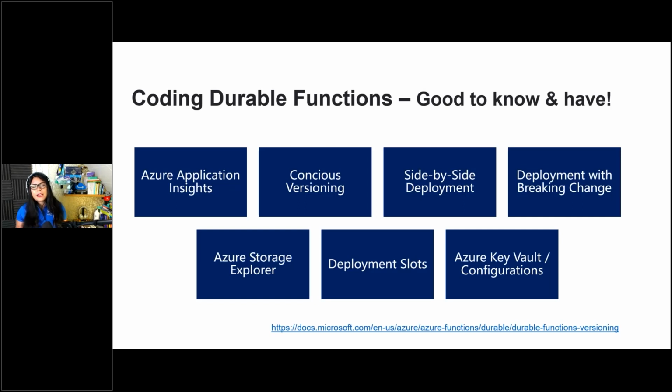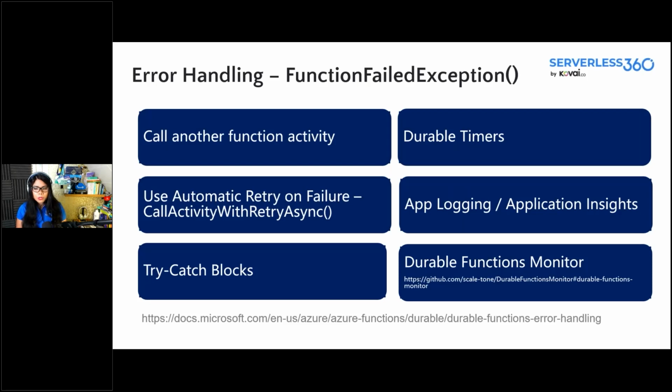And also Azure Functions or Durable Functions can be used in infrastructure as code if you want to use that in other tools. And in terms of error handling, you can handle errors by calling the typical try-catch blocks. There's also Durable Functions Monitor, durable timers, Application Insights.